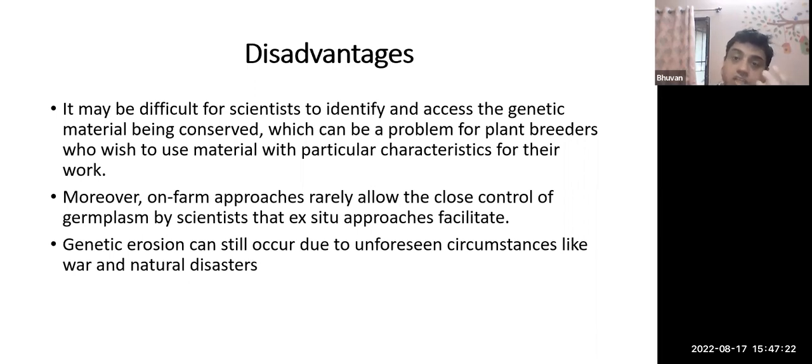The purity of the genetic breed can be affected, because a large amount of genetic material is there in the farmer's field. It is not possible for scientists to identify and access the genetic material at the same time. They are not able to segregate them. The ex situ approach is far better in this case, where the scientists and breeders have tight access or tight control over the genetic material of the plant.